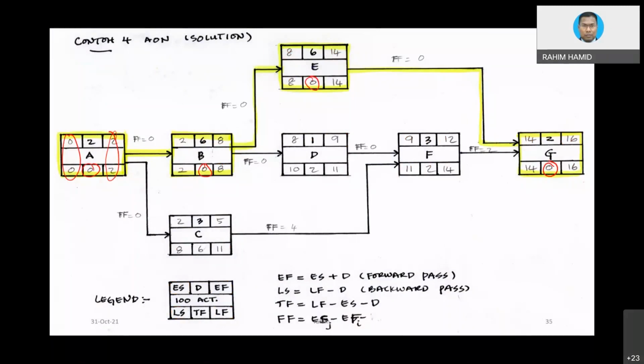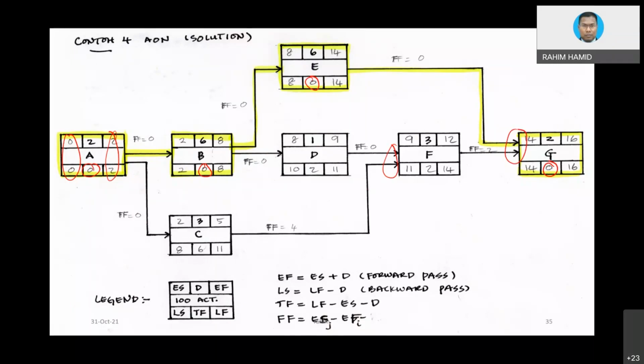Okay, now how about free float? Okay, free float. Remember, the concept of free float is that normally free float will appear in the interconnection, isn't it? Okay, that I told you before. This situation.